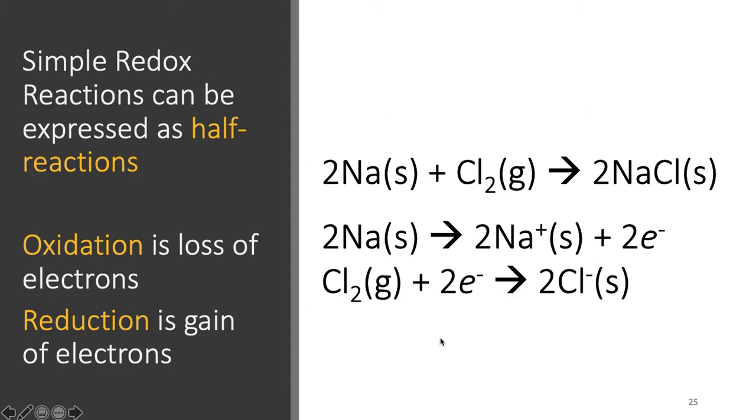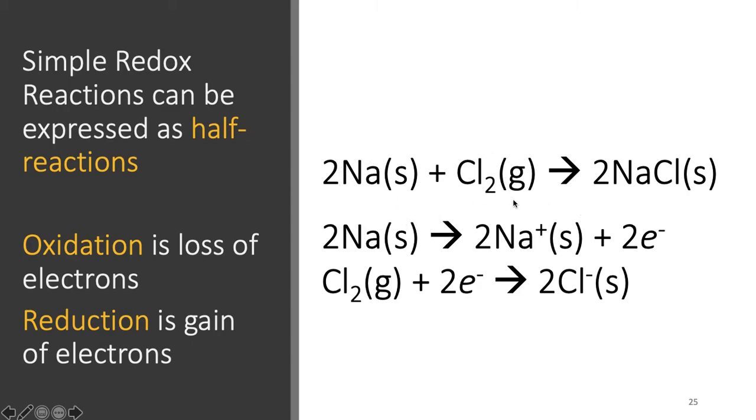Here's a simple example of a redox reaction, reduction-oxidation reactions. We have sodium metal reacting with chlorine gas to give me sodium chloride solid. What I have here is a change in the oxidation states of these elements.